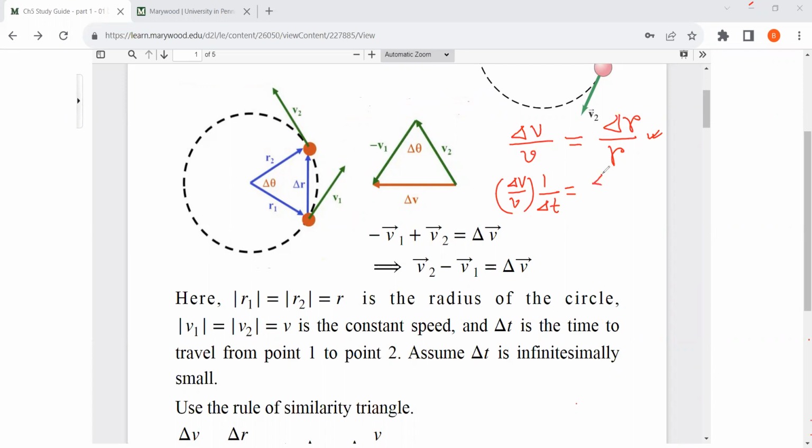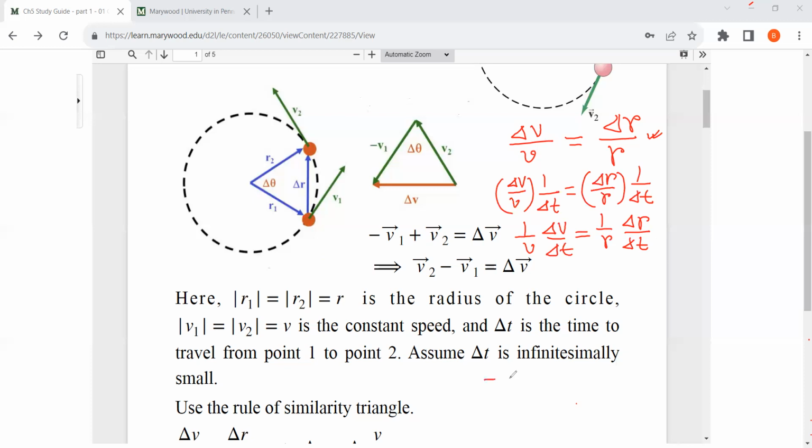And the same thing for this one. So I can write delta v over delta t, right? And here I can write delta r over delta t. I simplified it a little bit.